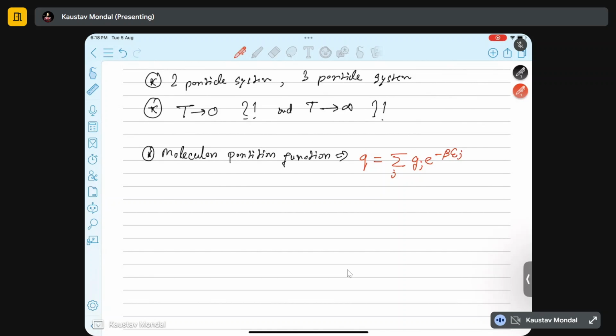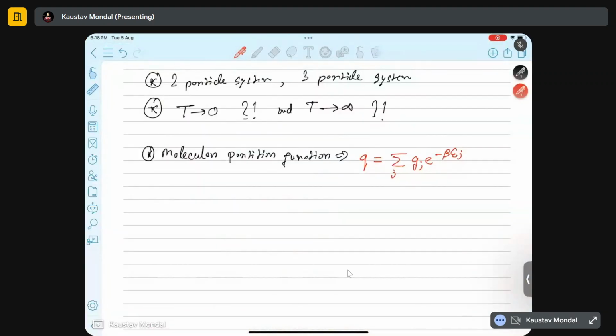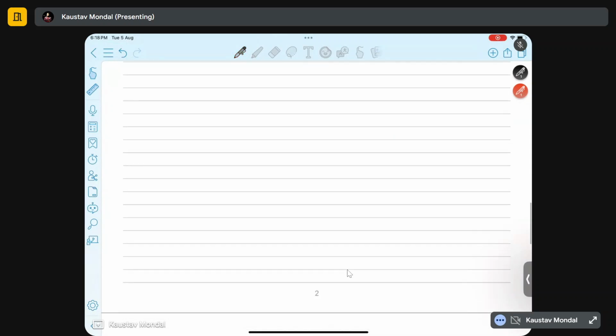Now we want to calculate the partition function for a uniform ladder of energy levels. So first, what is the uniform ladder of energy states?